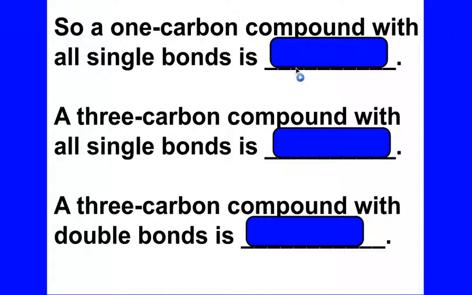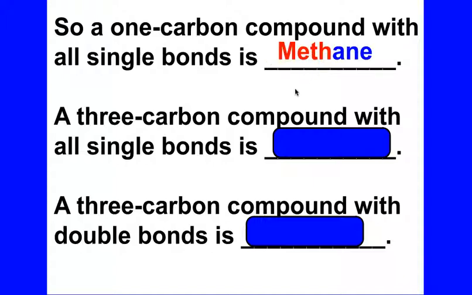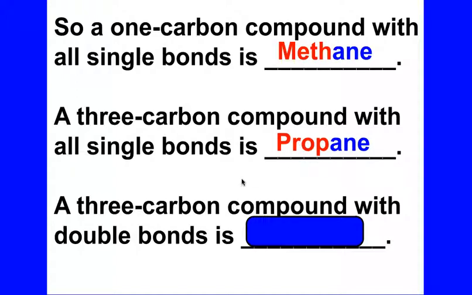So if we practice a couple of those examples, a one carbon compound, so there's one carbon, has all single bonds, would be named methane. Meth for one carbon, ane for all single bonds. A three carbon compound with all single bonds would be called propane.